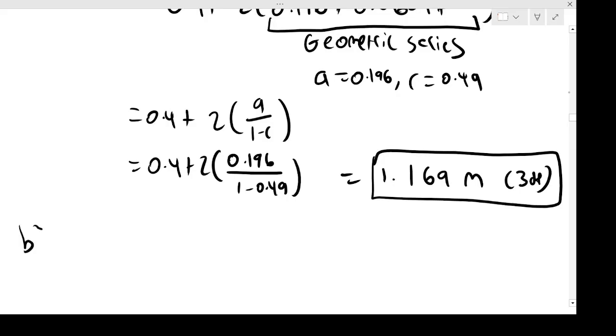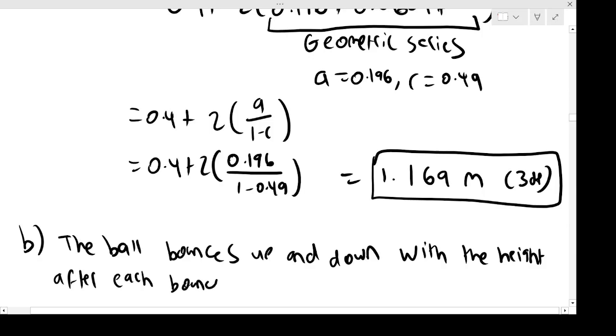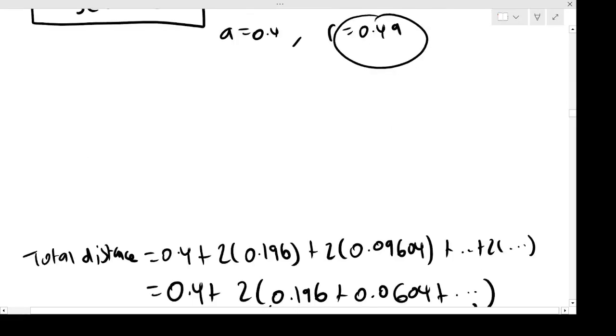So what that means is, if we were to describe the motion here, we could say the ball bounces up and down with the height after each bounce decreasing by a multiplier of 0.49.